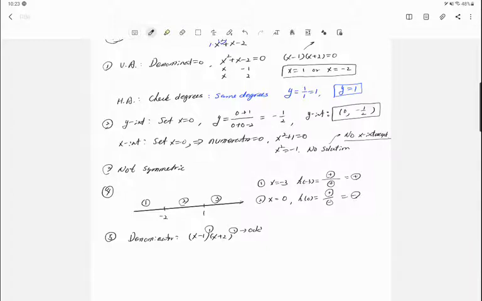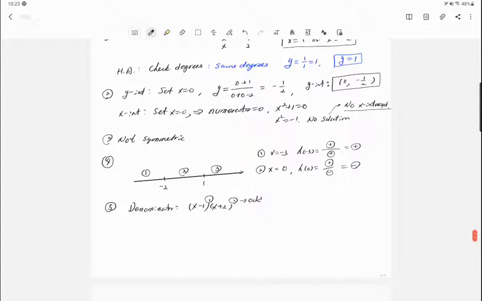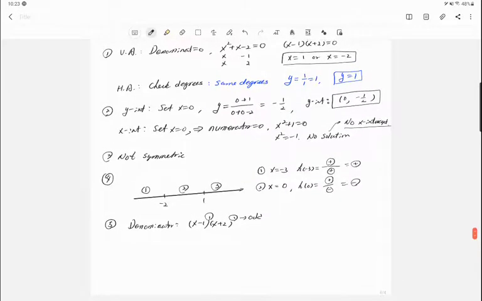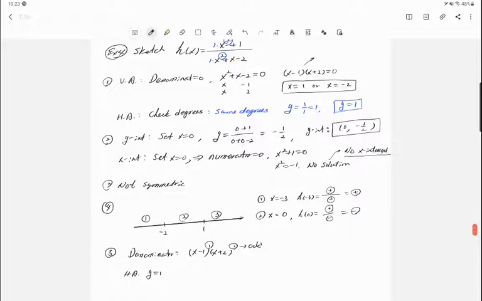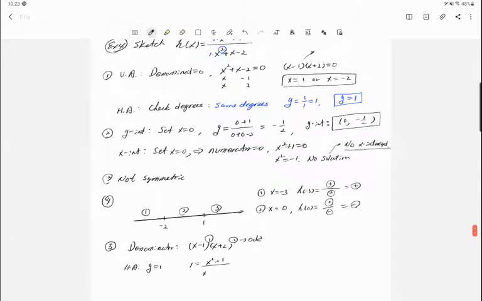How about the horizontal asymptote? The horizontal asymptote is y equals 1. If we set y equals 1, the function x squared plus 1 over x squared plus x minus 2 lets us find the x value where the graph crosses y equals 1.